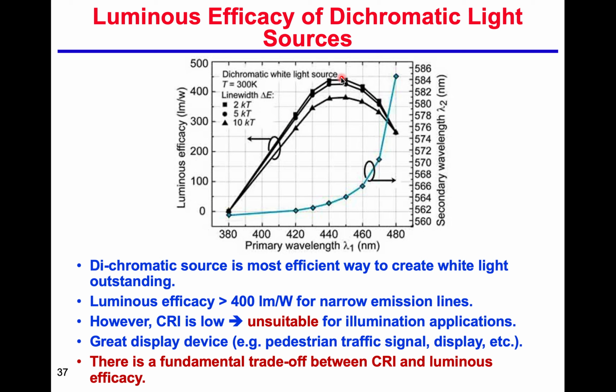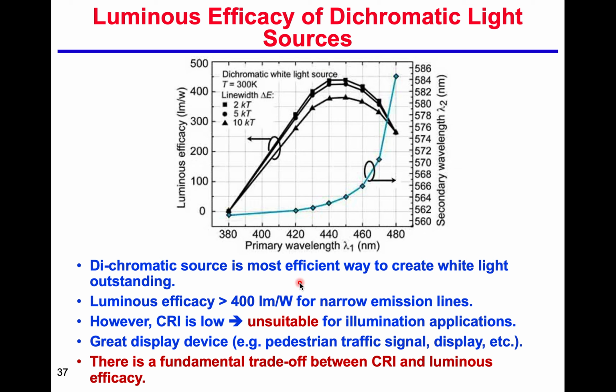So as we can see here, if lambda 1 is about 440 and lambda 2 is about 563 or so, we can achieve the highest luminous efficacy, and the upper limit of the luminous efficiency is about 400 or so. And if you have the narrower full width at half maxima, they can have the high efficacy.